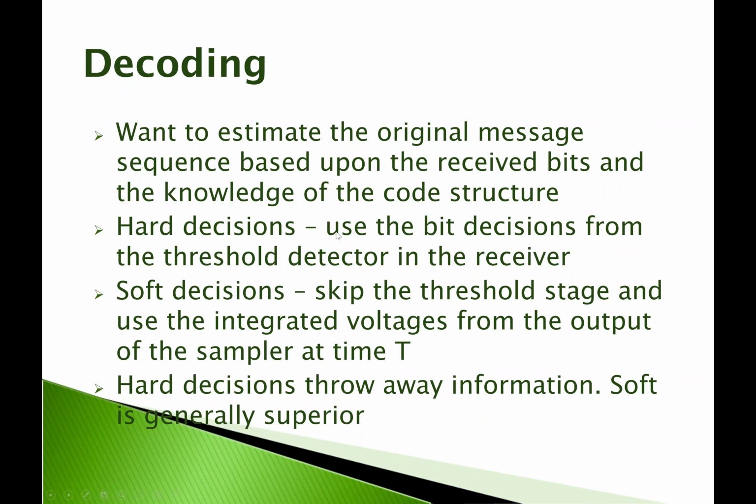But the soft decisions will leave things in terms of the voltages. So let's say we have on-off signaling, and our idealized values are 0 and 1 volt. Our threshold would be half a volt. Anything greater than half a volt is going to get mapped to 1, and anything less than half a volt is going to get mapped to 0.